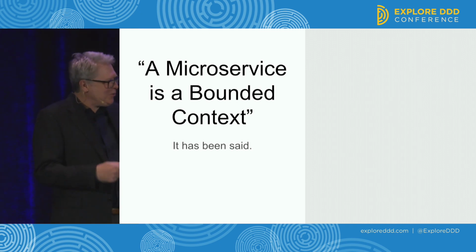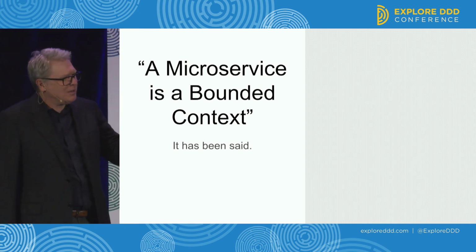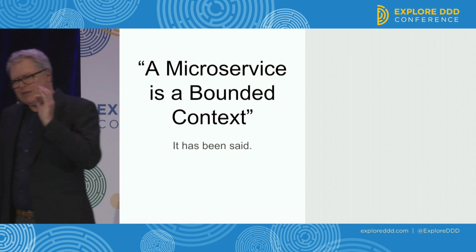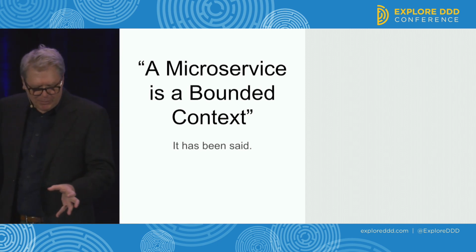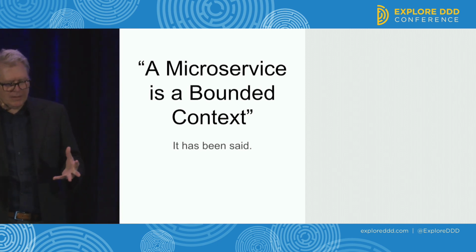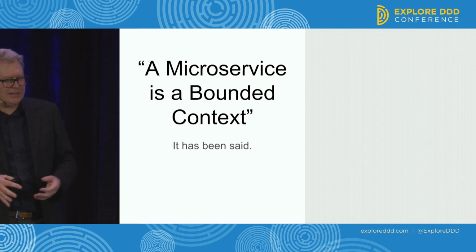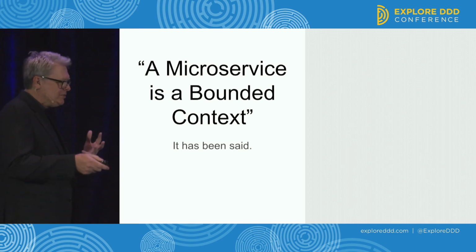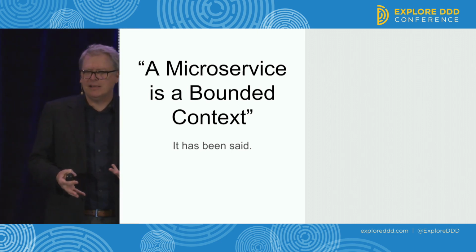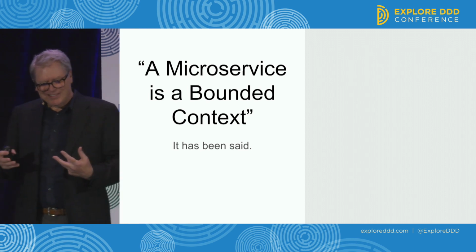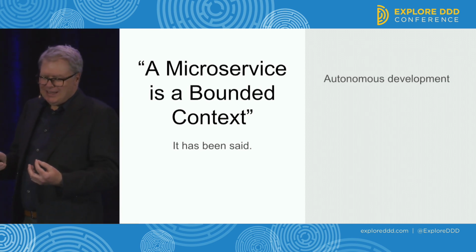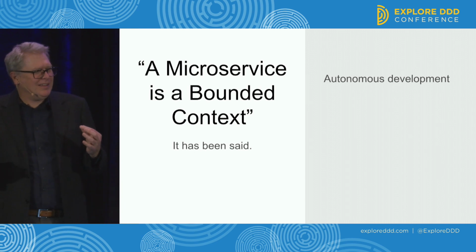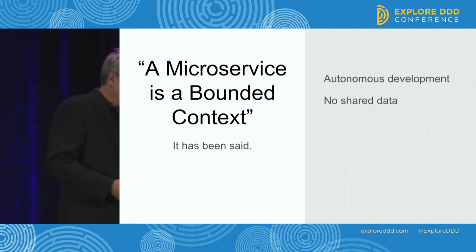So maybe we should go at microservices slightly differently, and this time, if we really engage, we can say, for example, when people talk about microservices in bounded context, and they say, a microservice is a bounded context, I say, well, there are things about it that are kind of like that, autonomous development and no sharing and stuff like that.